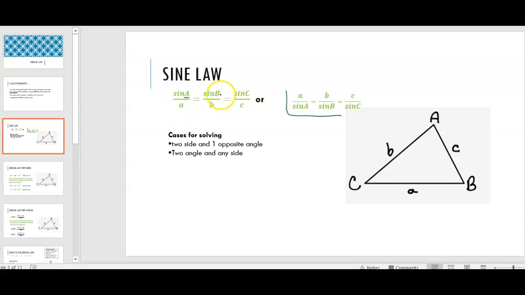Then you're going to have sine of B multiplied by length of A over the length of side B. Regardless, both of them are accurate if you choose either of them to solve the triangle.